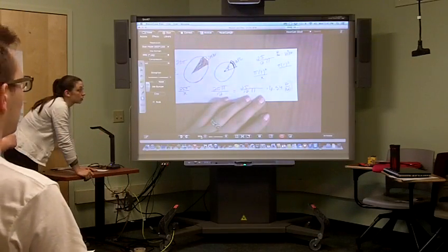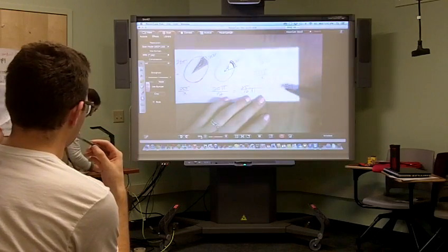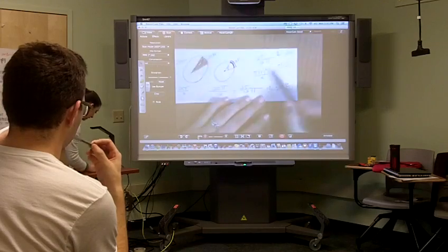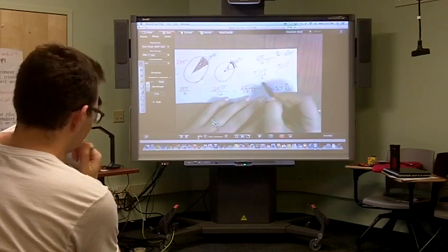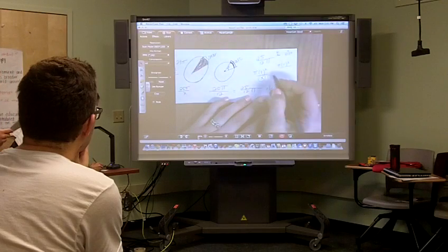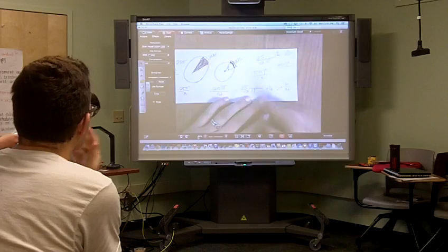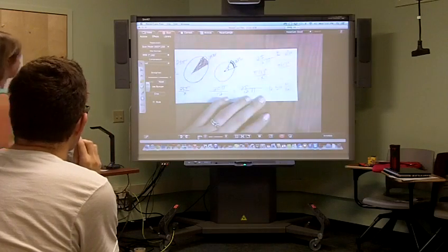Sector? Yep. I was thinking that this might vary depending not on how many pieces, but on the size of the piece compared to the whole. So I said if... What was that? The size of the piece?